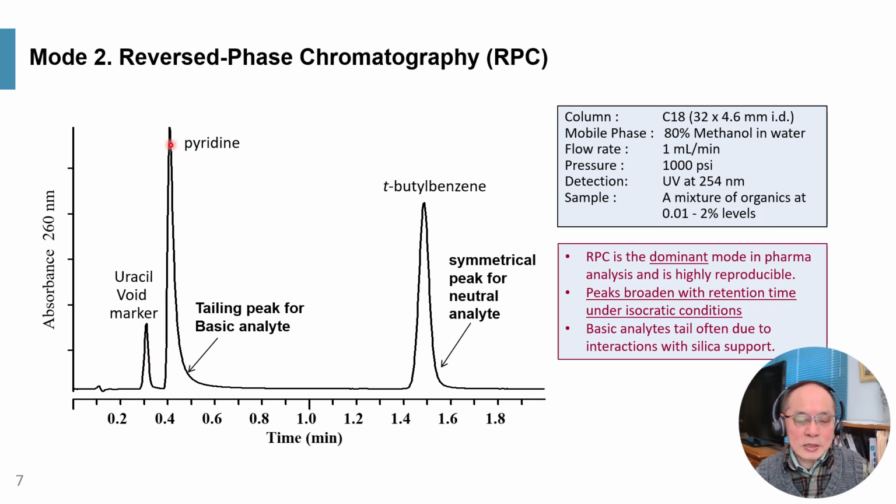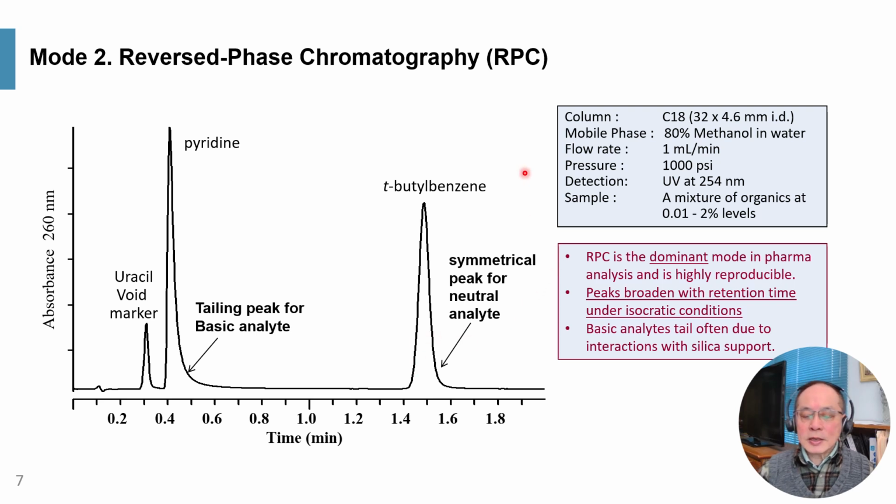The second one is pyridine, which is a basic component, which generally shows some peak tailing due to interaction with the silica surface. And finally, the more hydrophobic tertiary butylbenzene, even though the peak is broader, the peak is symmetrical most of the time for neutral analytes.